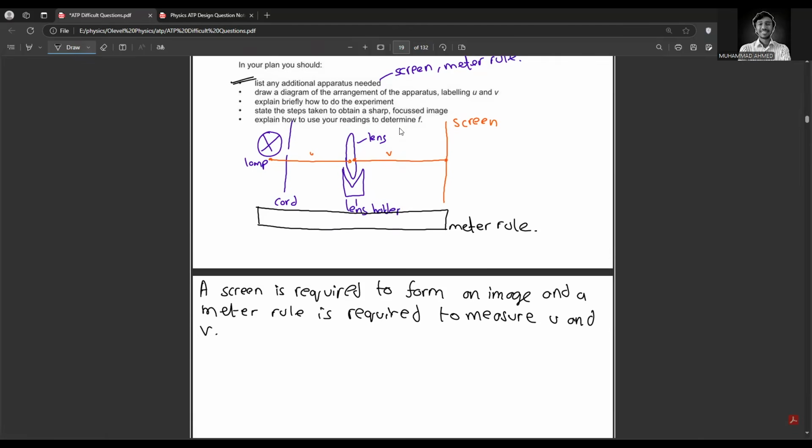So your first point gets done, second point gets done. Briefly explain how to do the experiment. So what do we do in this experiment?